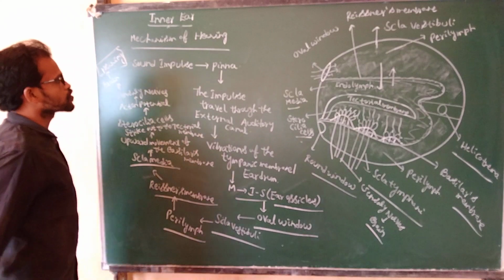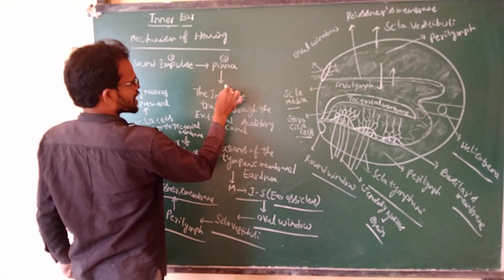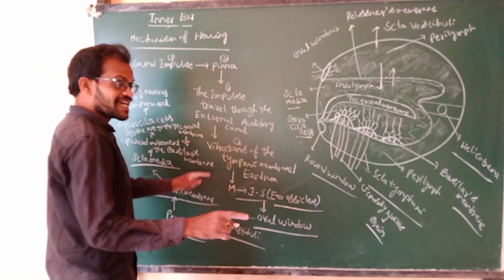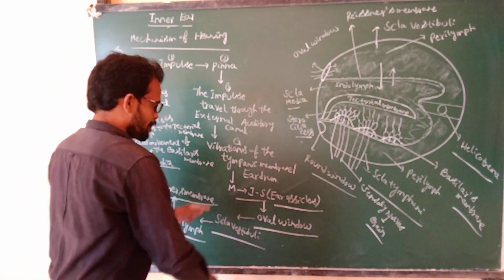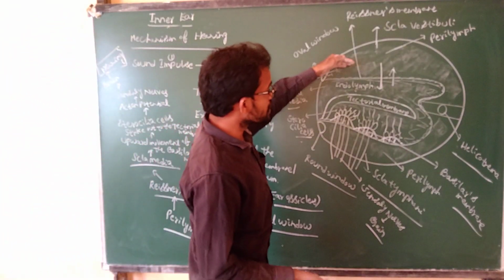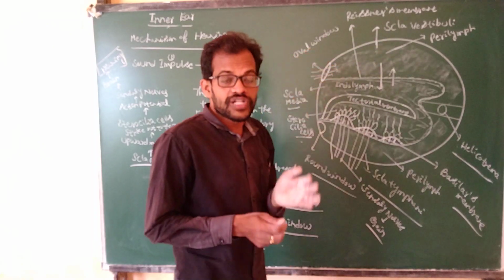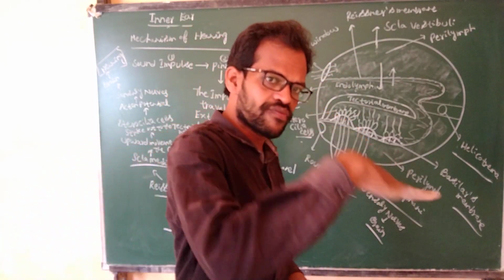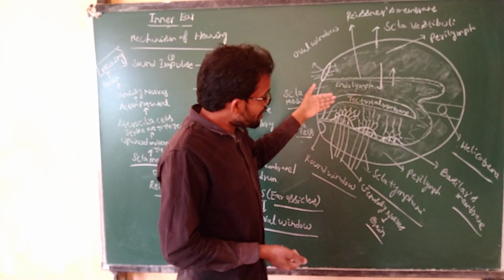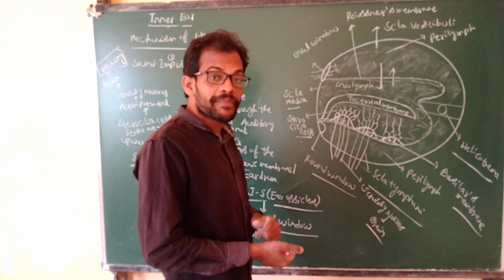Now analyze the hearing process. Sound impulses pass into the pinna and travel to the auditory canal. Next, vibration of the tympanic membrane. Next, the impulse passes to the malleus and stapes to the oval window, continuing like waves, like a movement. This impulse passes into the scala media, to the basilar membrane, which strikes the tectorial membrane.